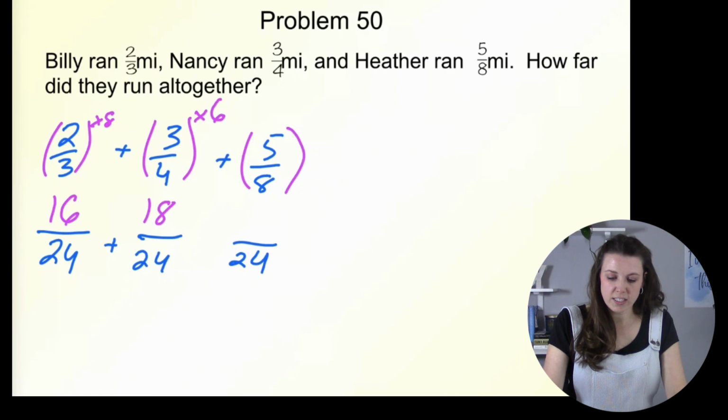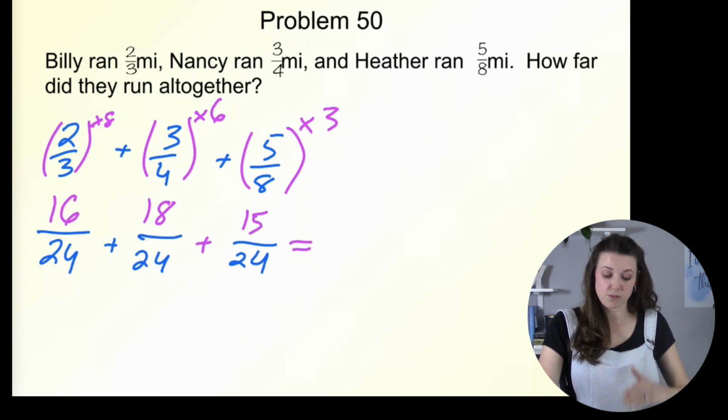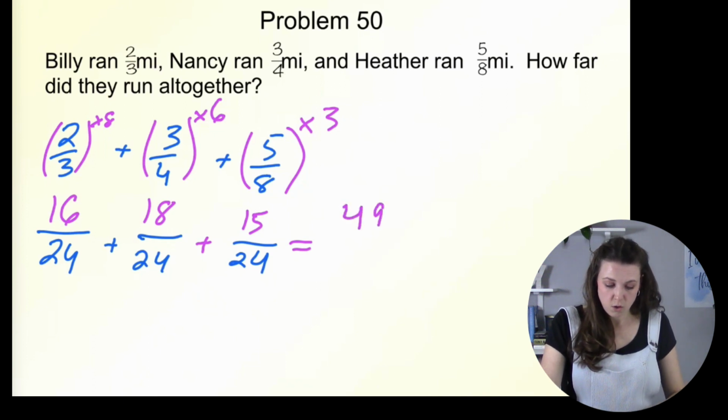And this last one here, 8 goes into 24 3 times, so I'm going to multiply that by 3. 3 times 8, 24. 5 times 3 is 15. And now I just add 16 plus 18 plus 15 together, and I get 49 over 24.